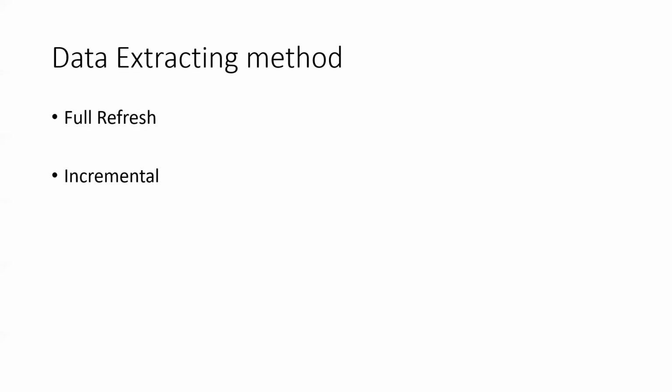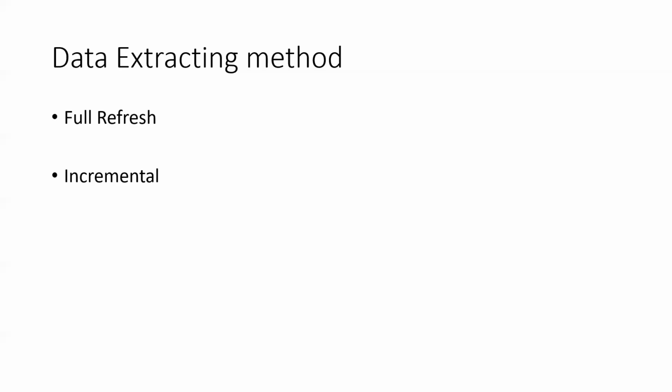Now we have two methods to extract the data. Either we can extract full data again, all the 5 records, or we can go ahead with incremental data load. That is also called delta load. So we can take only the extra records, whatever records have been pushed as an extra thing, we can take only these two.